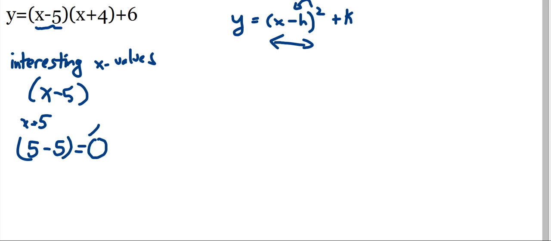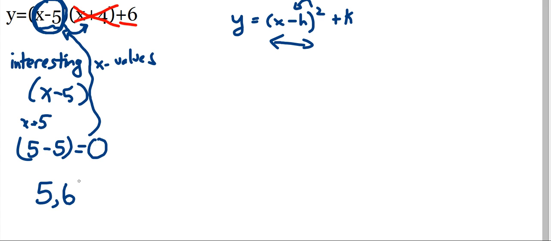Now, it means that this is a 0 up here, and that will multiply this bracket by 0, thus crushing it, and therefore leaving you with plus 6. So it appears that when you plug in a 5, you get the y value of 6. That's something of interest.